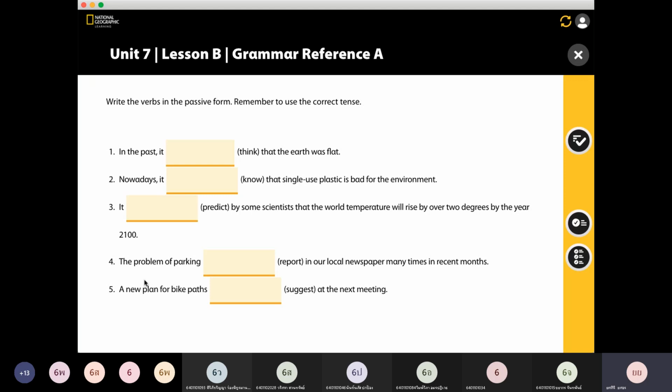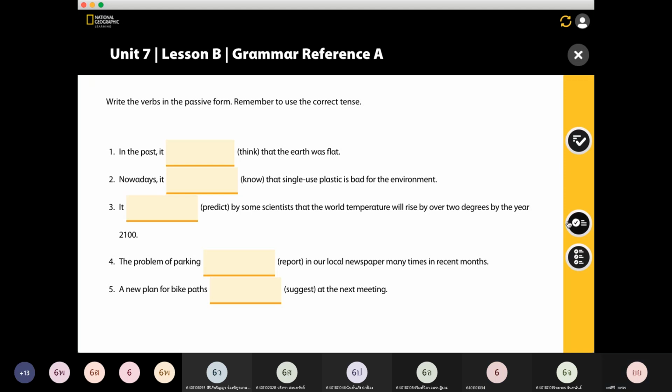Do you have any answers to this? Number 1 was thought.